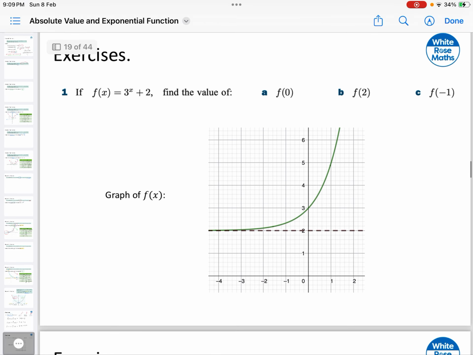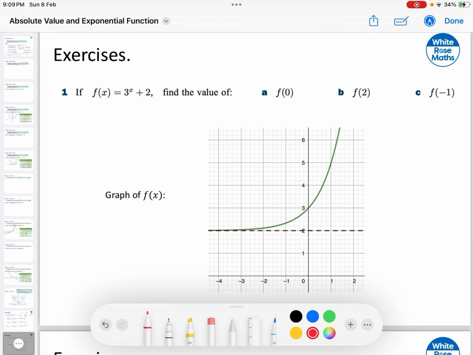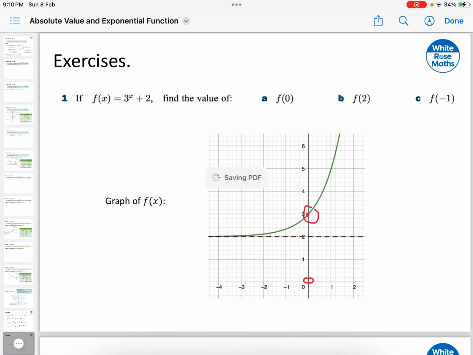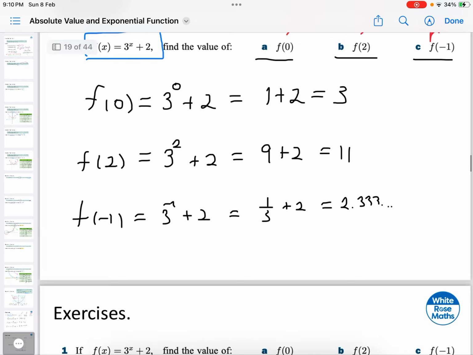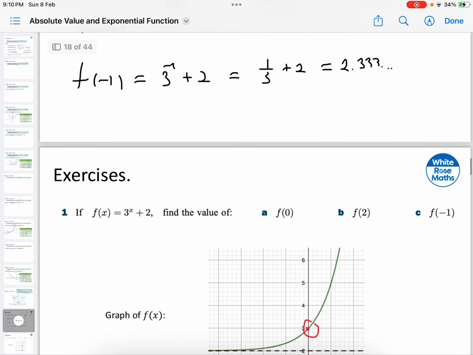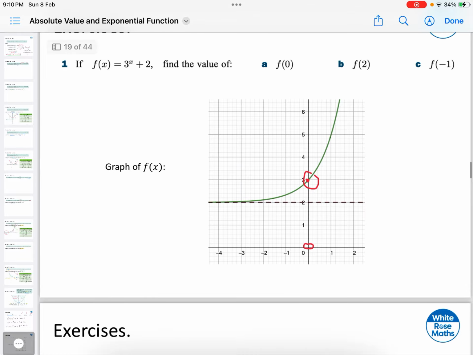First of all, we know that f(0) has to be 3. Let's check that over here. So f is at 0, and the exact value is 3. So this is correct. We have 3 exactly at 0. Number 2: they're asking us for f(2).